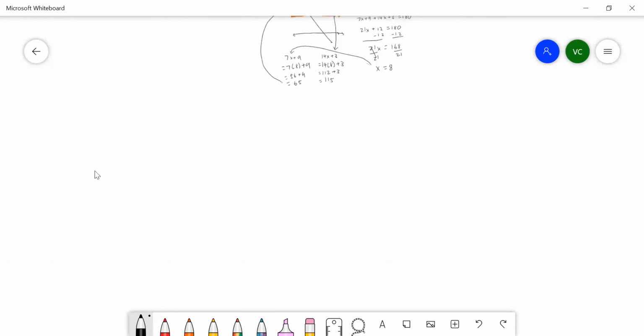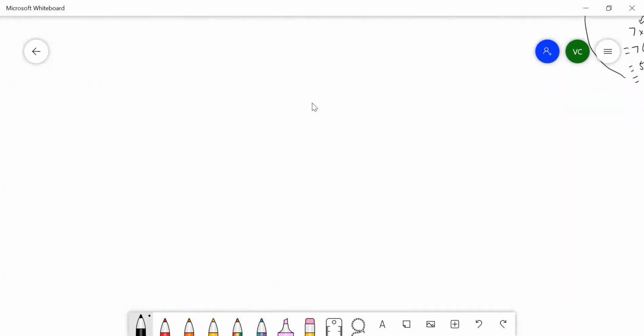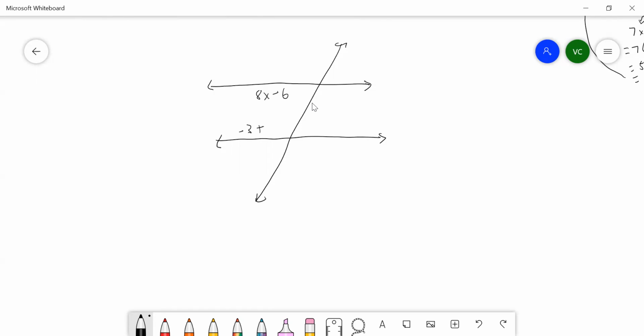Once again, we have two parallel lines. And then we're going to get a line through them. And you should be copying this down on your paper. So 8x minus 6 is this angle, and negative 3 plus 19x over here.